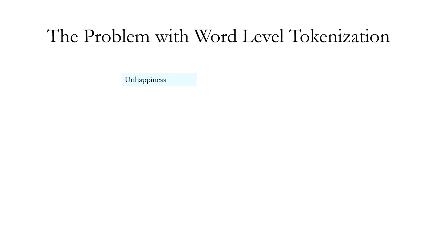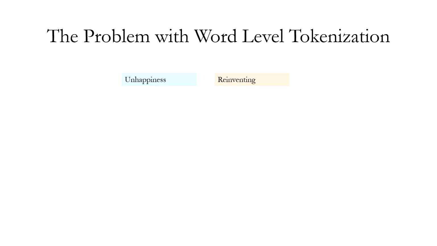We could use the example of unhappiness and something like reinventing, right? We could see that these two words have prefixes and suffixes. Unhappiness, and then reinvent being the root word, and then ing.